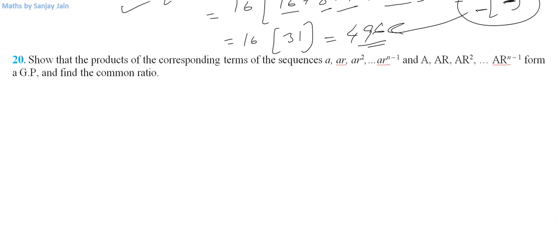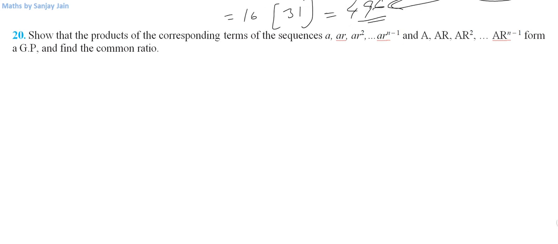Show that the products of the corresponding terms of these sequences form a GP and find the common ratio. So what is the sequence? If I take this product A into A, it will be A into A plus AR into AR.